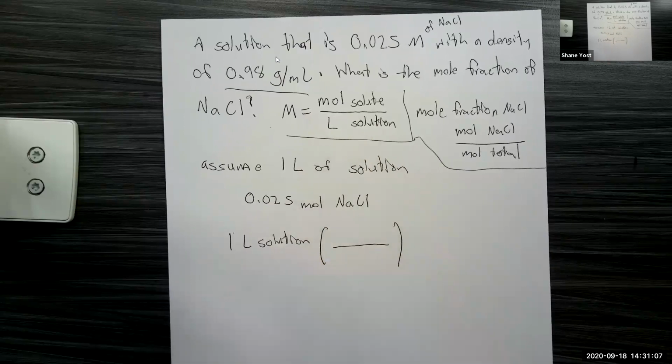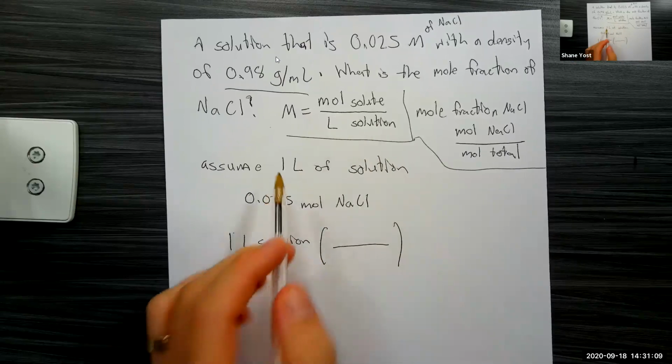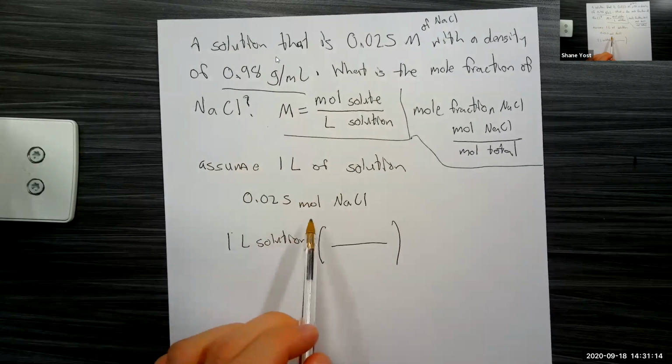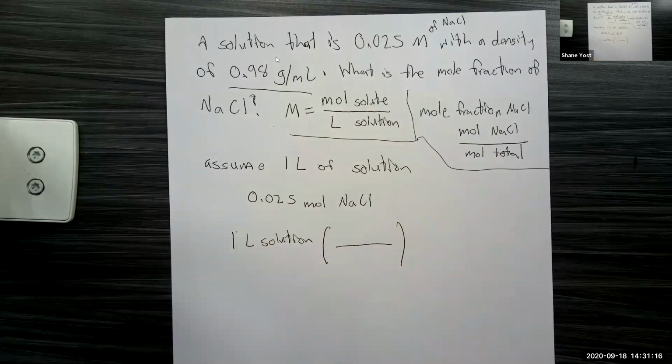So I could take 1 liter times my molarity to get 0.025 moles of sodium chloride. It made that math easier, and it makes some of the math easier later on. If I assumed a different volume of solution, I would get the same answer, just with math that may or may not be more difficult.